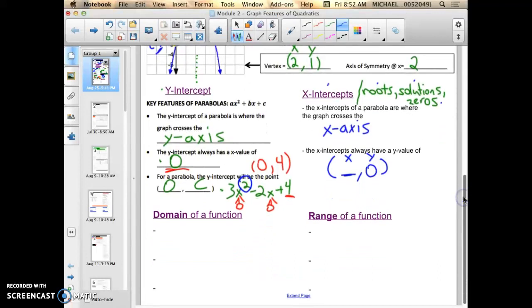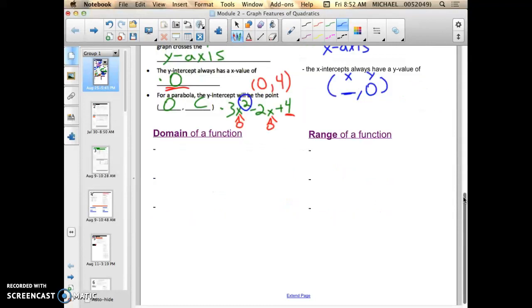And now, to finish off this video, I'm going to talk about domain and range of a function. The domain of a function is the x values, and it's horizontal, so I'm going to put left to right.